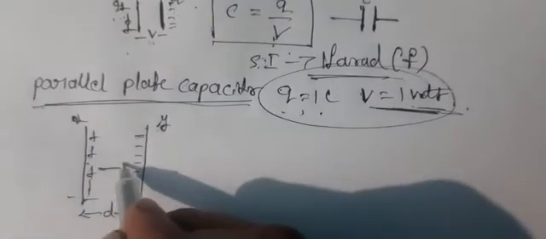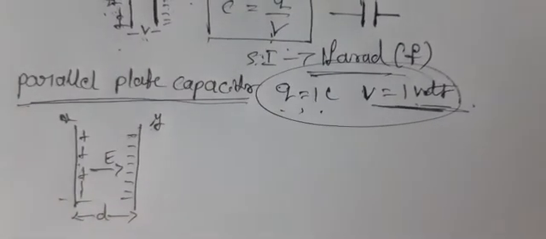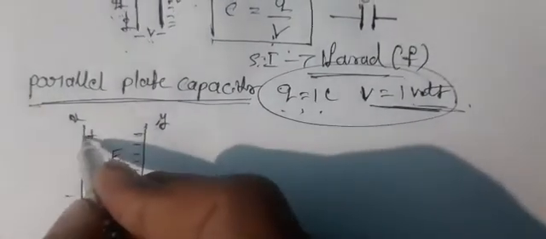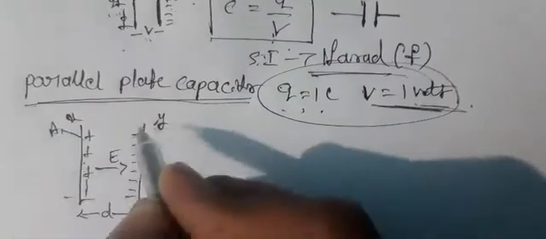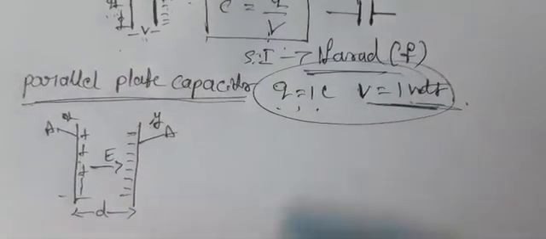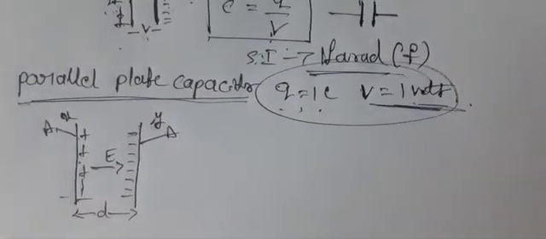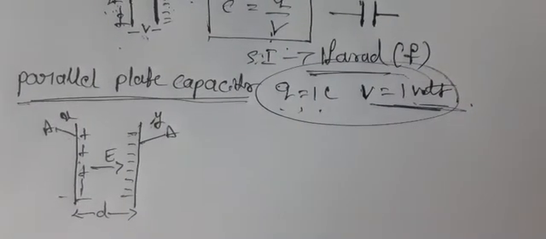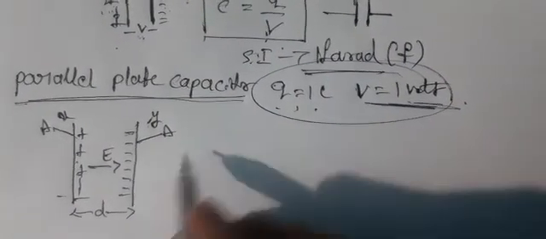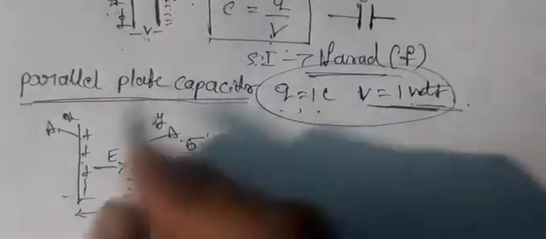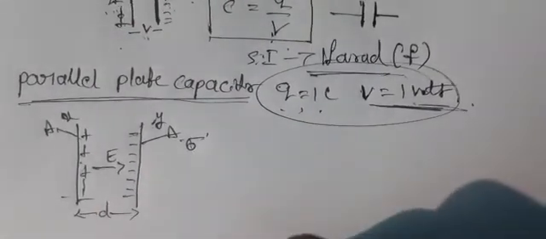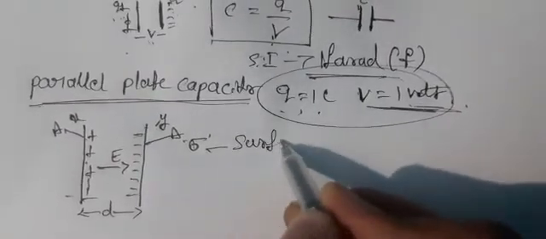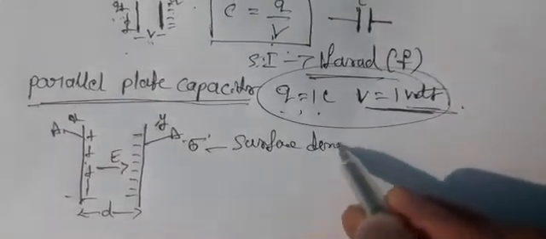E is the electric field line, and the area of each conductor is A. The capital A is the area of each conductor. And what is sigma? Sigma is the surface charge density.